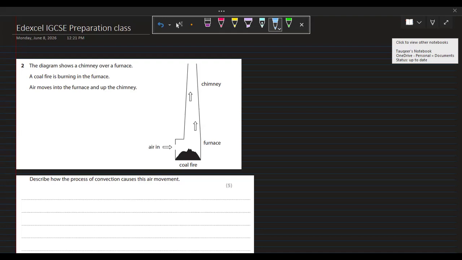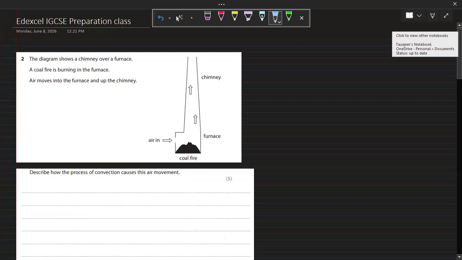In convection, what actually happens, the air particles become warm, right? And then these particles, or we can say molecules, expand, right? So the overall fluid gets expanded, right? So this is how we are going to write our answer.